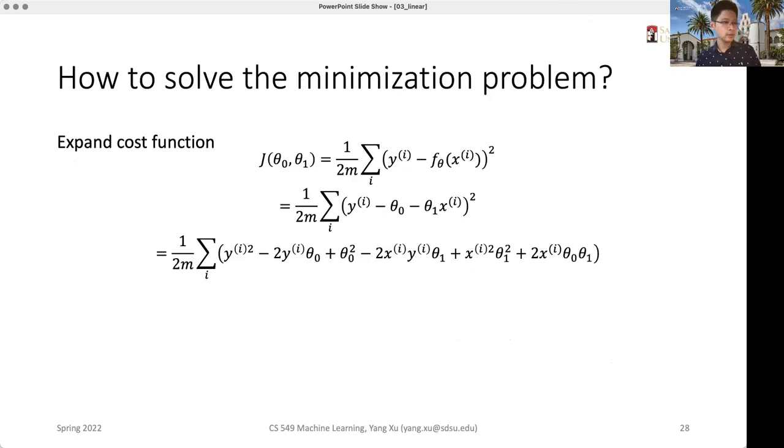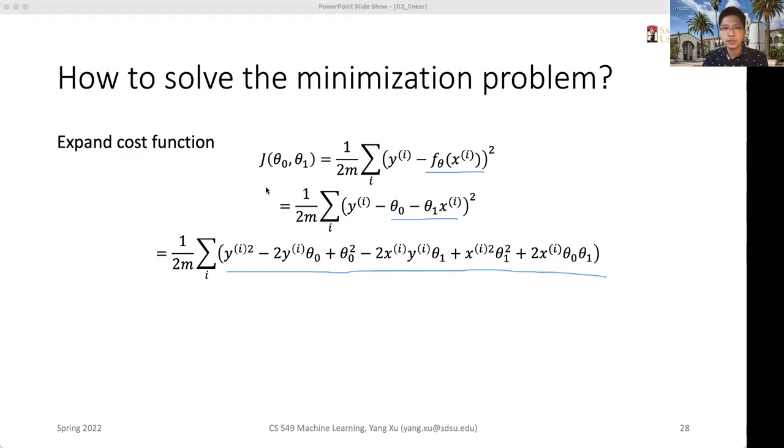In this simple linear regression case, by simple I mean there's only one feature, we only have two parameters, theta 0 and theta 1. So we can easily expand the cost function by replacing this linear function with its actual form. And we expand the square term, and we will get a bunch of products.